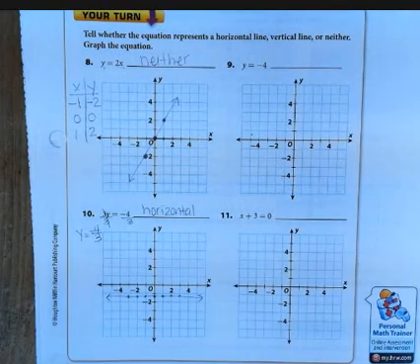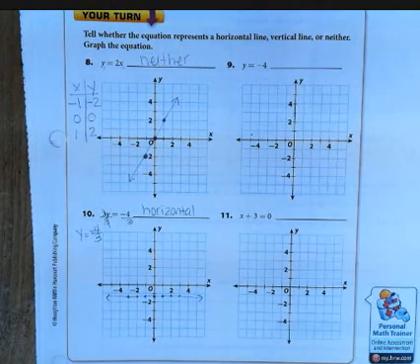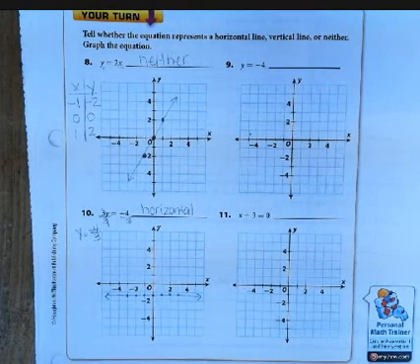All right, let's do some of the questions in the guided practice. This is on the next page, on page 160. It says here to write a linear equation in the form ax plus by equals c for given values of a, b, and c. It tells us to then simplify the equation. And it says to tell whether the equation represents a horizontal line, a vertical line, or neither. So we're going to start with our a, b, and c.